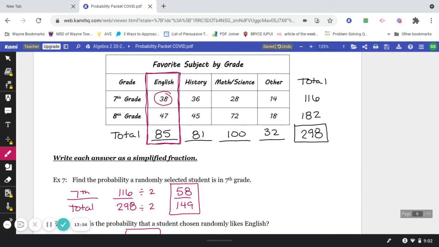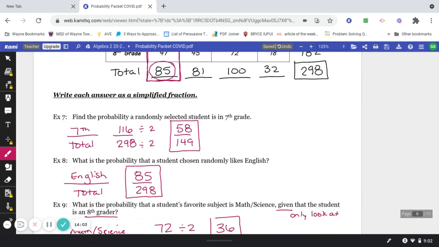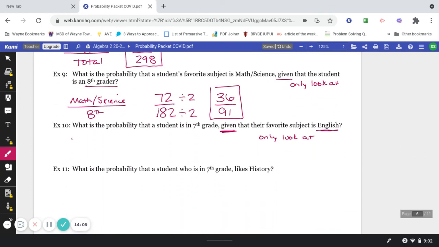Out of your total English, 85. 38 out of 85. Only looking at favorite subject English. So 7th graders out of the total English, 38 out of 85. That does not reduce, so that's my final answer.